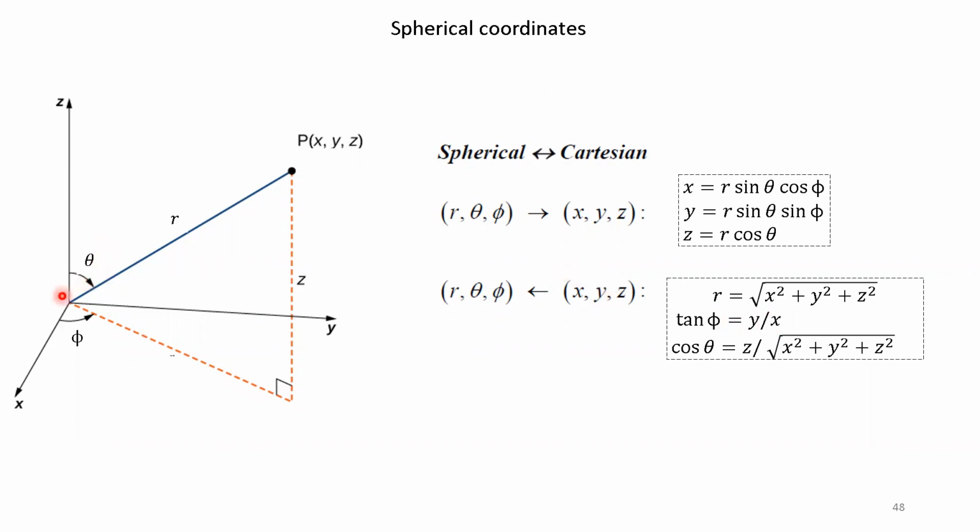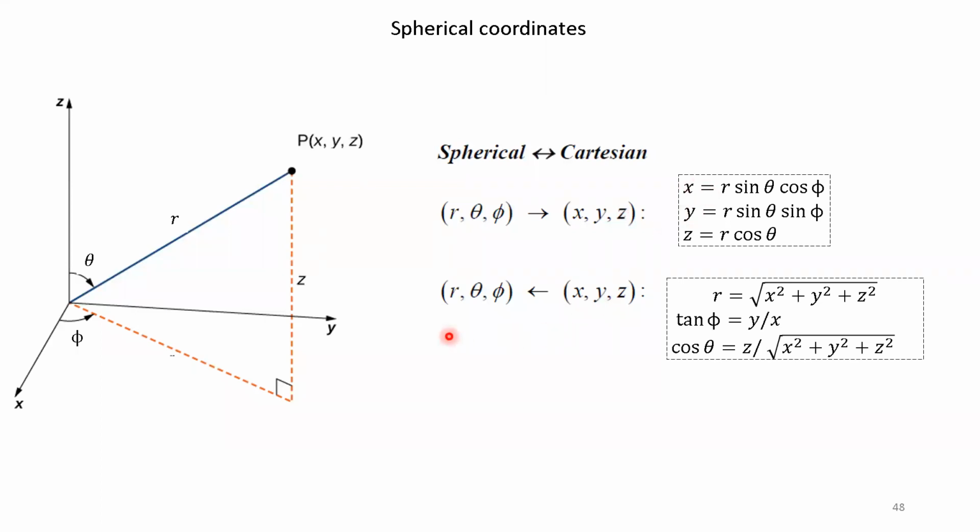Finally, cosine theta is the ratio between the z coordinate and this R. And here I just show you how to do it the other way.